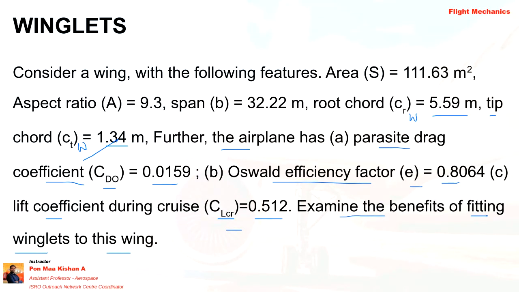What will be the condition of drag? We will calculate in this way. First, we will calculate the coefficient of drag without the winglet configuration. Then we will calculate the coefficient of drag with the winglet configuration.